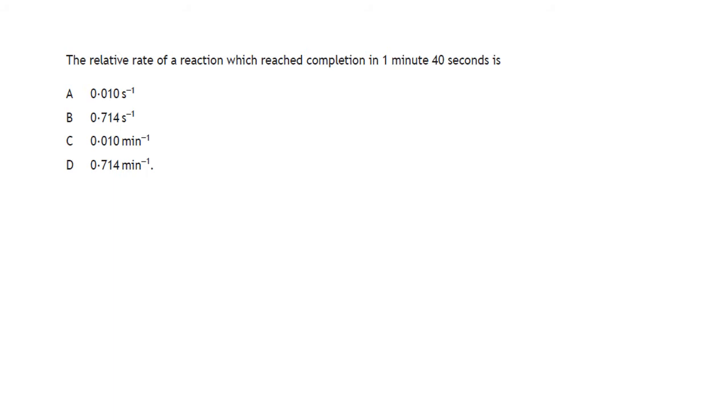Relative rates was reached in 1 minute 40 seconds and we've been asked to calculate the rate. So 1 minute 40 seconds, that's not a great time to work out. So 1 minute 40 seconds is 60 plus 40 seconds, which is 100 seconds. Rate is 1 divided by time.